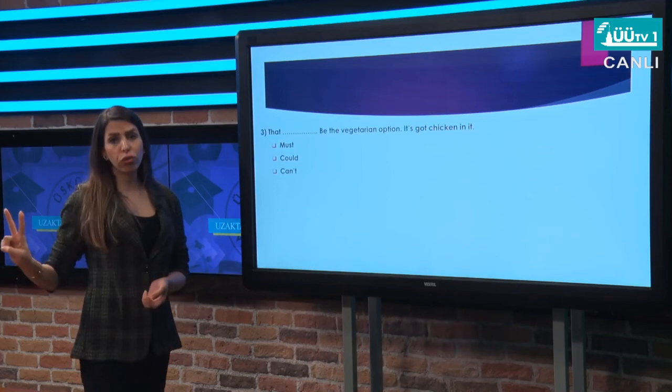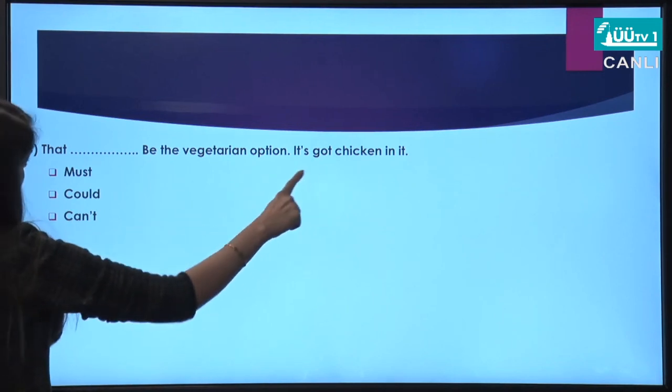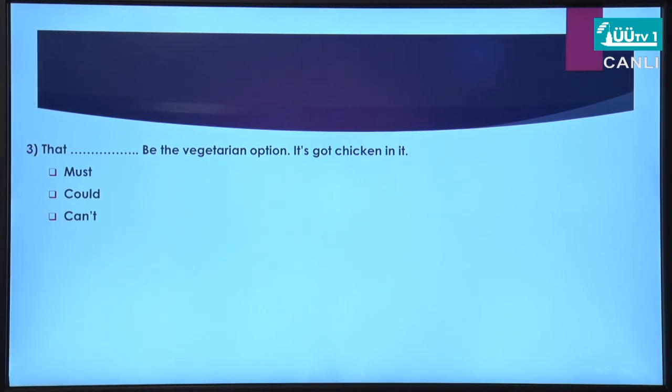And two more questions. The first one, that be the vegetarian option, it's got chicken in it. So must, could, or can't. Be careful. It's got chicken in it. What do you say? That must be the vegetarian, could be, or can't be. Easy one. Can't. Perfect.